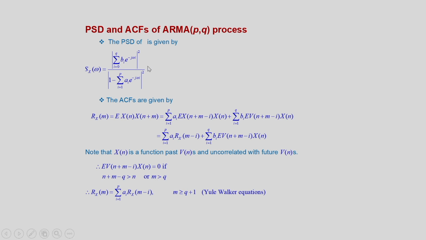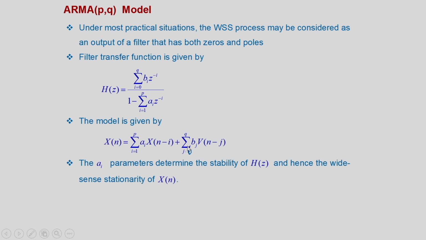Here in the ARMA(p,q) model, we consider j from 0 to q, therefore there is a b_0 v[n] term, and this b_0 absorbs the variance of v[n].